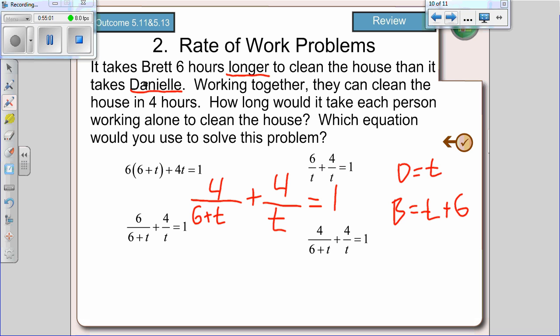Your common denominator would be 6 plus t times t. So you would have 4t plus, so all I did was multiply it in, right?